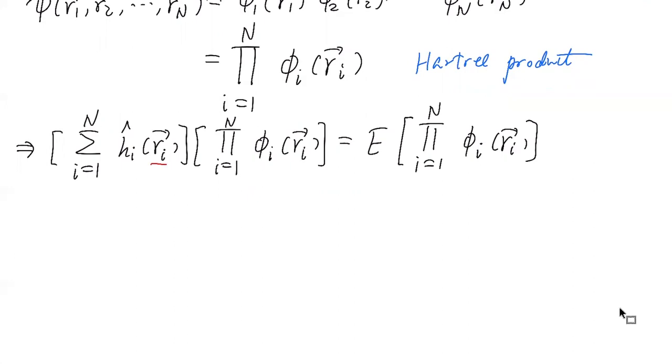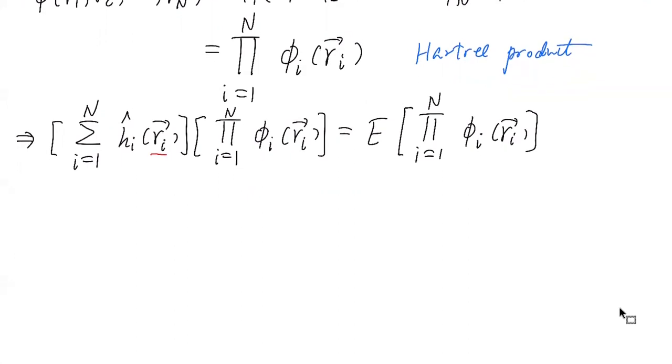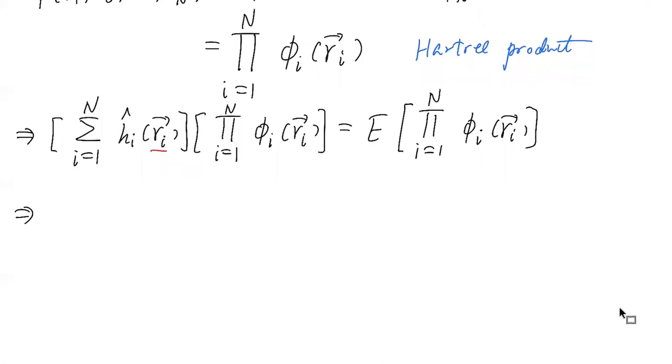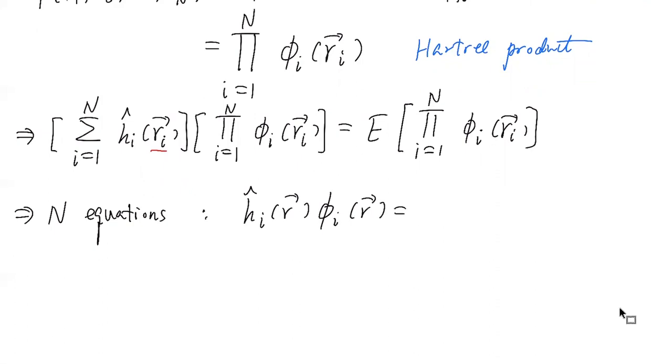In other words, what you have is essentially n independent equations. For the ith electron, the equation is h_i phi_i(r) equals epsilon_i phi_i(r).